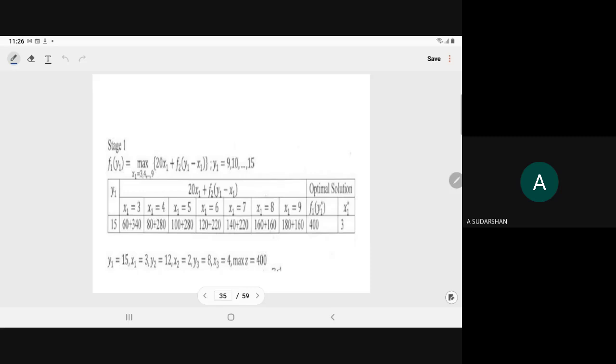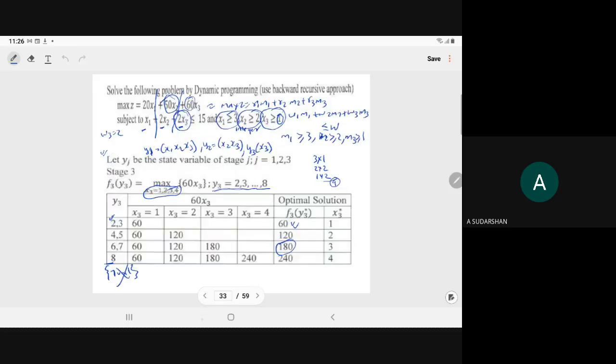Now, what is the range of y1? Range of y1 means it must satisfy the minimum criteria of all stages. For the stage 3, how much space do you require? 2 ton. For the stage 4, how much space do you require? 4 unit. And for the stage 3, how much weight do you require? 3 unit. So minimum units you require will be 9.